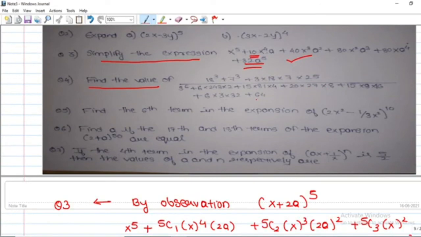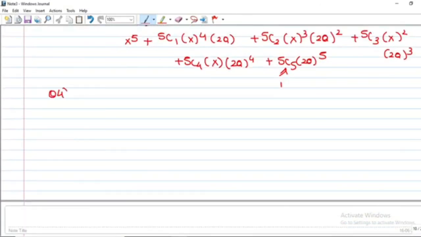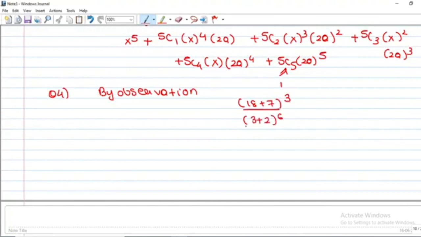So I can clearly make out that in the denominator the expansion of 3 plus 2 the whole power 6 is going on, and in the numerator the expansion of 18 plus 7 the whole cube is going on. These types of questions are mainly on observation. So by observation you can say 18 plus 7 the whole cube is in the numerator, and 3 plus 2 the whole power 6 is in the denominator.